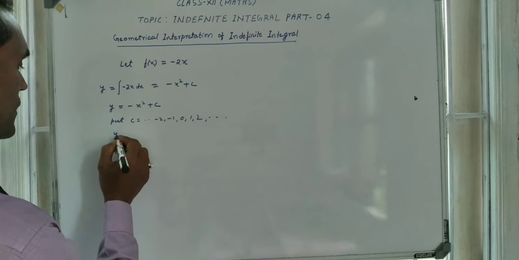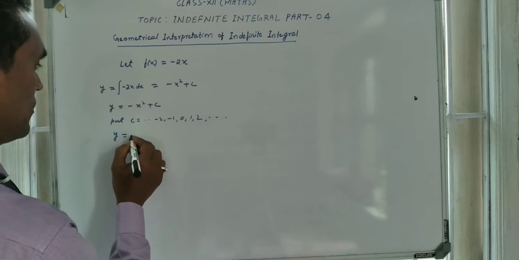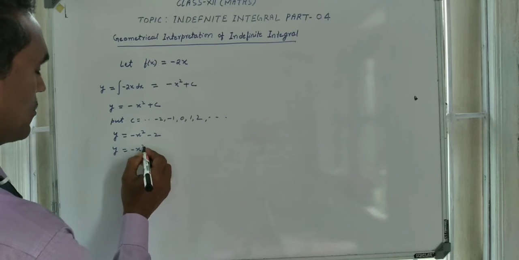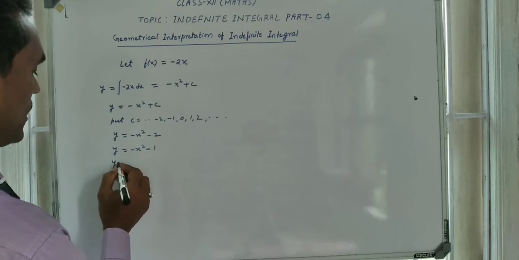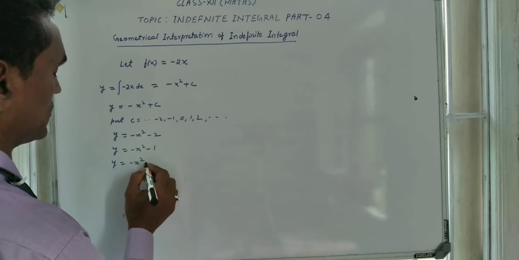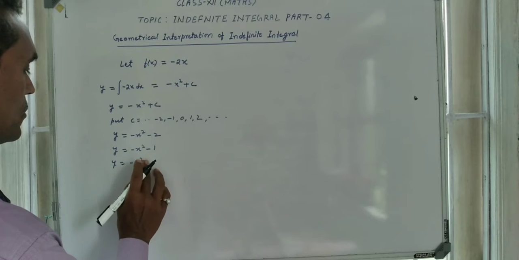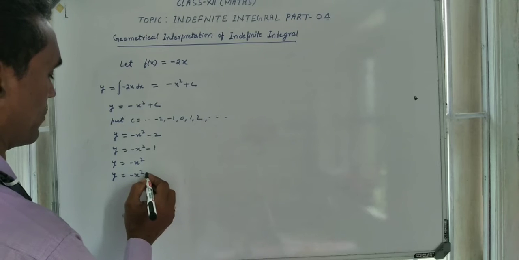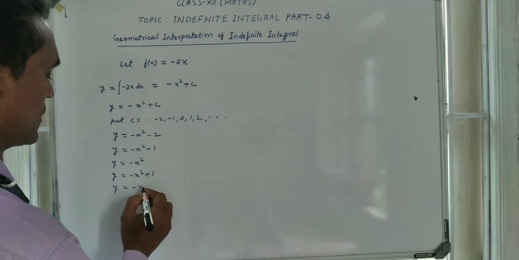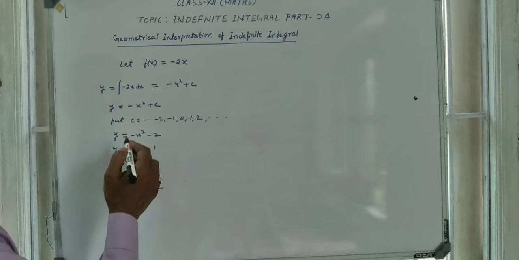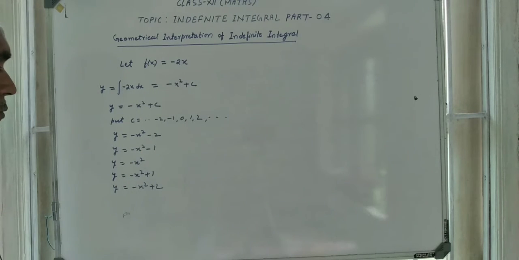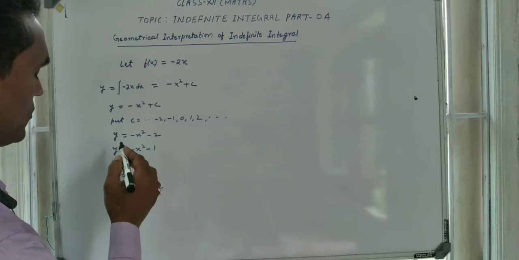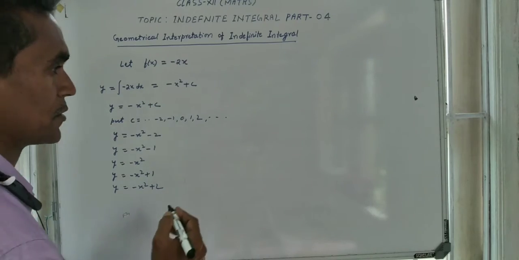So different functions like y equals minus x square minus 2, y equals minus x square minus 1, y equals minus x square plus 0, y equals minus x square plus 1, and y equals minus x square plus 2. So here I have written 5 different functions by taking different values of c. Now we try to plot the graph of the following functions.